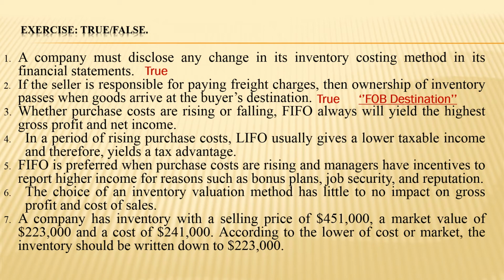So this will yield the highest COGS, cost of goods sold, yielding the lowest gross profit and automatically the lowest net income. So different scenarios will happen if the purchase costs are rising or falling. So the answer here will be false.